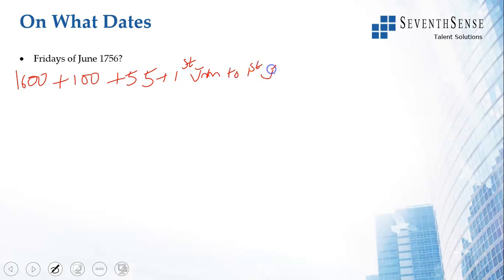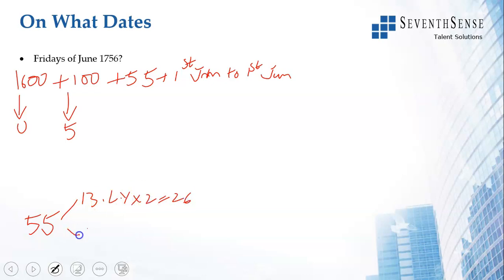I see whether it is leap or not. 56 by 4 is leap, so I have to remember that when I add the odd days for Feb. 1600 is 0 odd days, 100 is 5 odd days. 55, I split it as 13 leap years into 2, 26, plus 42 non-leap years into 1, which is 42. Adding this makes it 68. 68 divided by 7 gives me 5 as the remainder, 5 odd days.